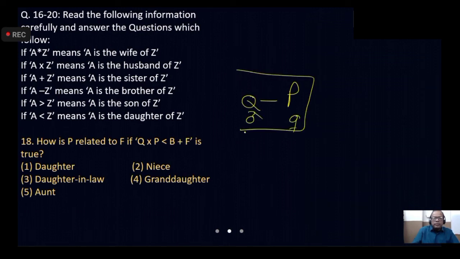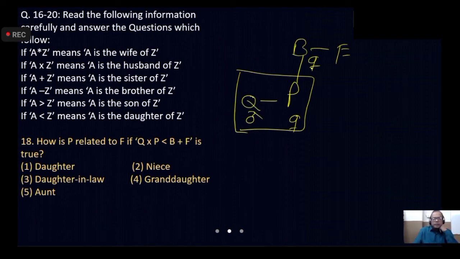So these two are husband and wife. P less than B. Less than means daughter of P. Then B plus F. Plus means sister. B is sister. Fine. So how is P related to F?